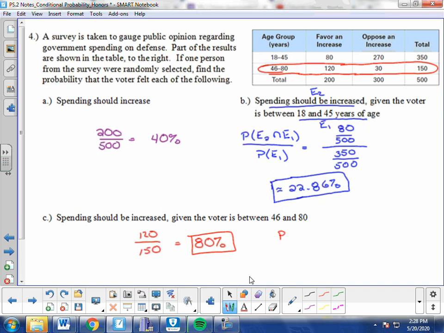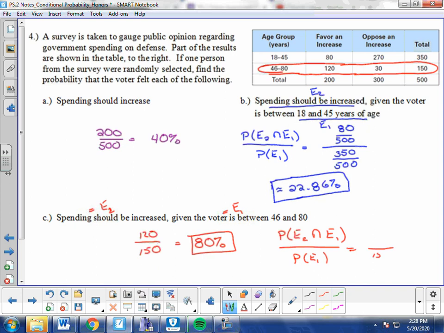Now, if you did go the route of using the formula, the probability of event 1 and event 2 over the probability of event 1, the event 2 would be spending should be increased, and the given event 1 is the voter between 56 and 80.